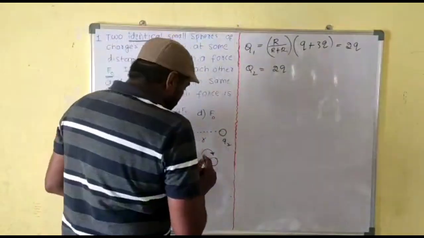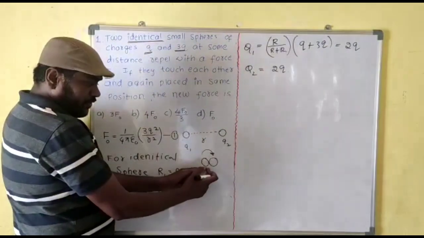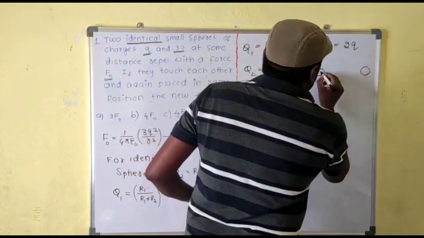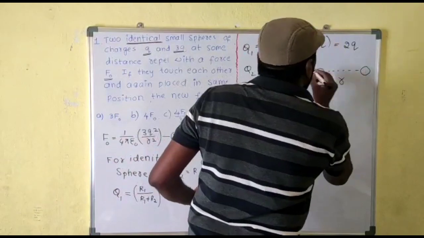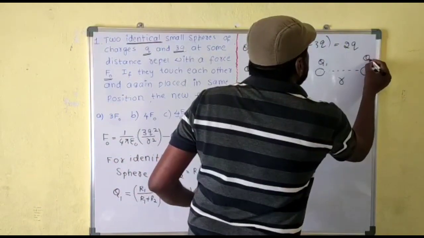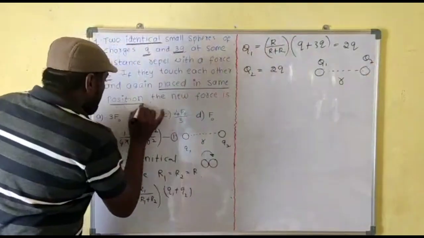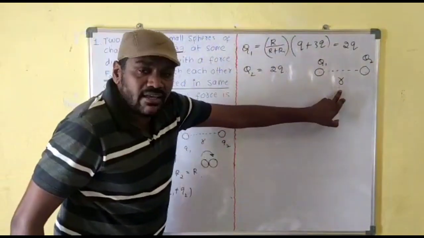After touching each other, they are placed again in the same position. Therefore the distance between them is again R, and this is capital Q1, this is capital Q2. Why? Because they said they are placed in the same position, that's why I am taking the same distance.